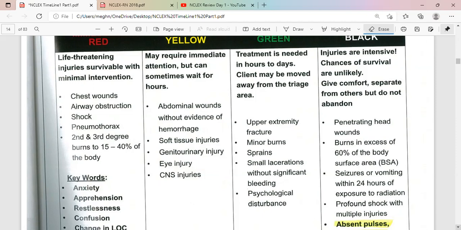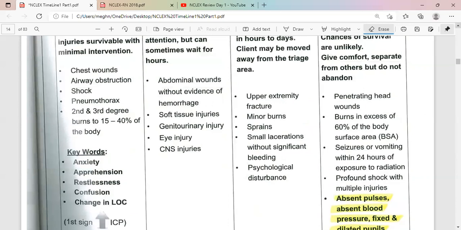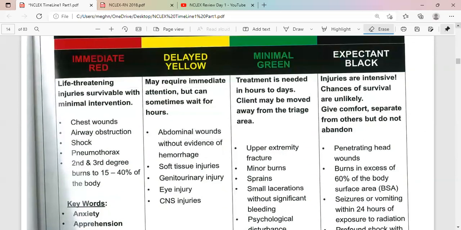So the patient who needs immediate care, the keywords related to this: anxiety, apprehension, restlessness, confusion are common. Also, we will check the level of consciousness, right? Also, we will check the intracranial pressure. What are the common signs and symptoms that indicate the cranial pressure is going up? We have to evaluate. The yellow means a little bit of delay is okay. So may require immediate attention, but can sometimes wait for the hour.